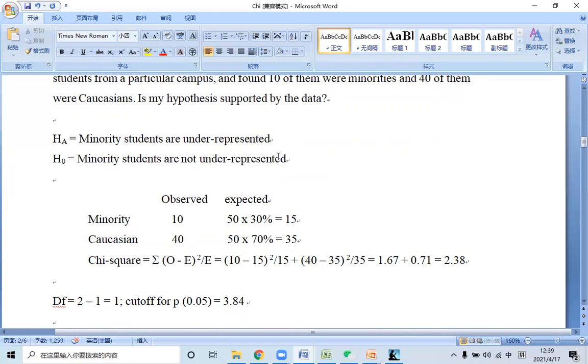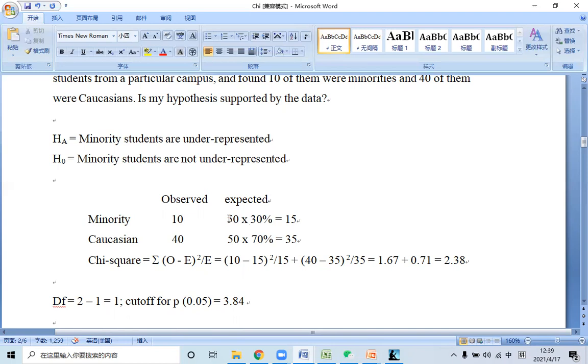Their percentage is just 30%, the same as the general population. What would you expect? How many students would you expect? If we suppose minority students are not underrepresented, they just have the same proportion as the general population.